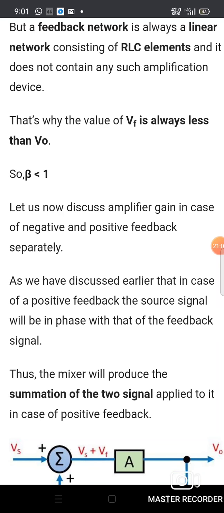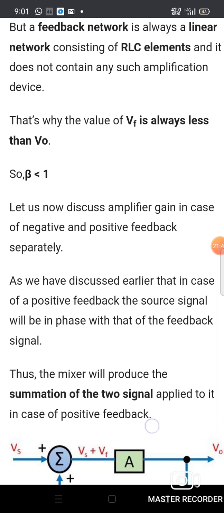See the last second sentence given there in this diagram. As we discussed earlier, in the case of positive feedback, the source signal will be in phase with the feedback signal. A positive sign is considered between Vs and Vf, in phase with the feedback signal.